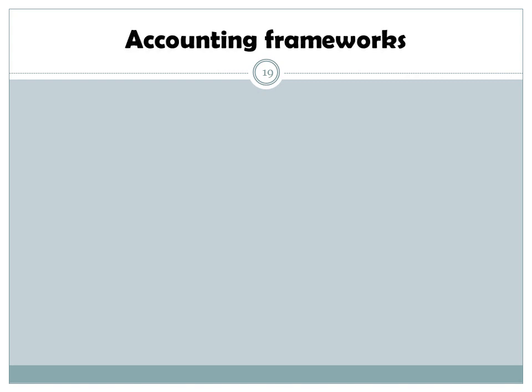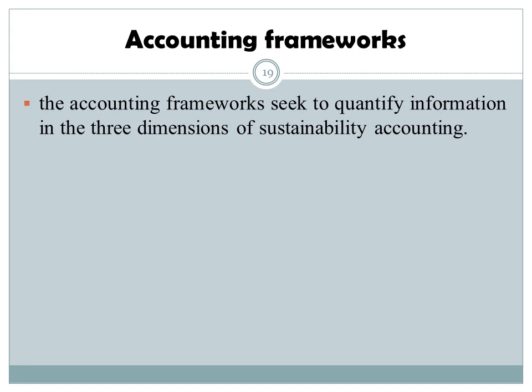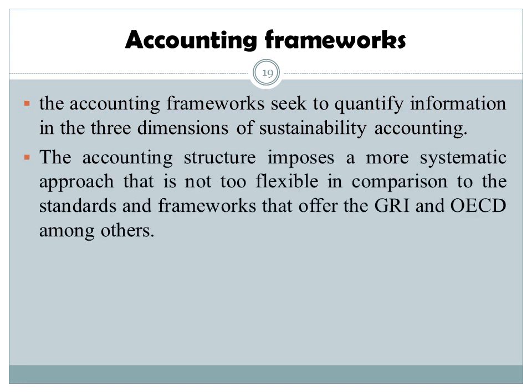Accounting frameworks. The accounting frameworks seek to quantify information in the three dimensions of sustainability accounting. The accounting structure imposes a more systematic approach that is not as flexible in comparison to the standards and frameworks offered by the Global Reporting Initiative and the Organization for Economic Cooperation and Development, among others.